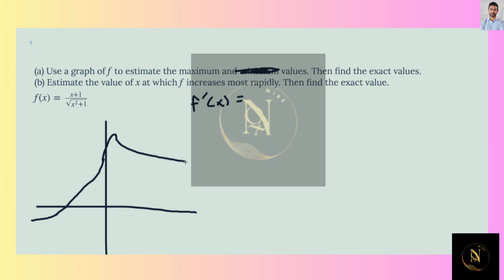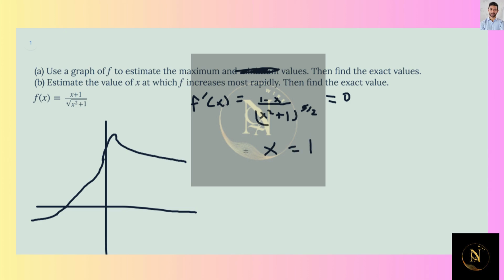The derivative is 1 minus x over x squared plus 1 to the 5/2 power. And what we look for is when this derivative is equal to 0, because when it equals 0, there is a horizontal tangent line of slope 0, and that's where the maximum occurs. So we set this equal to 0, and 1 minus x equals 0, so x is equal to 1.